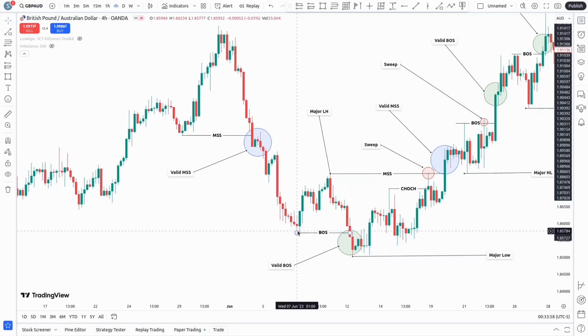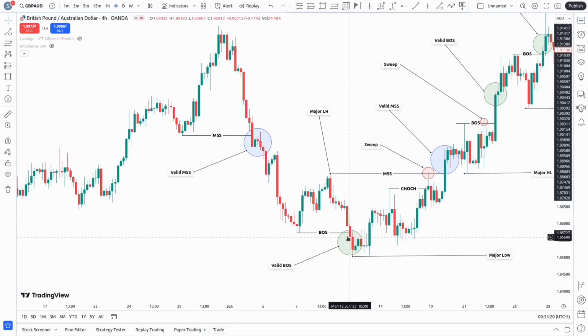So the market continues going down, forms another low here. From this low, it moves to form a lower high here. When the market formed a lower high here, this point becomes our major low. It moves down. We have a valid break of structure here.